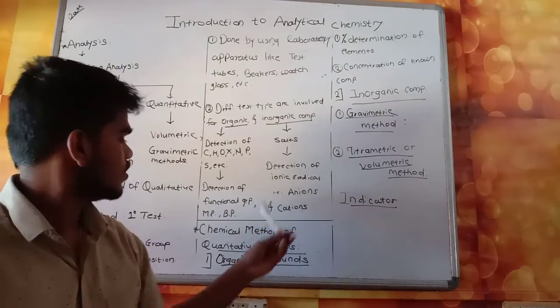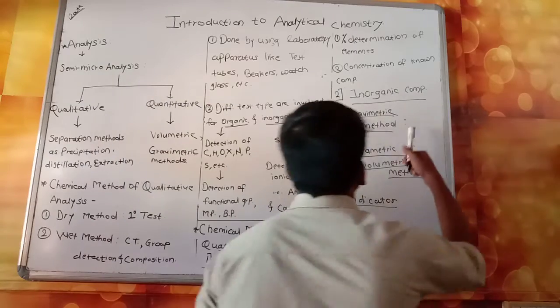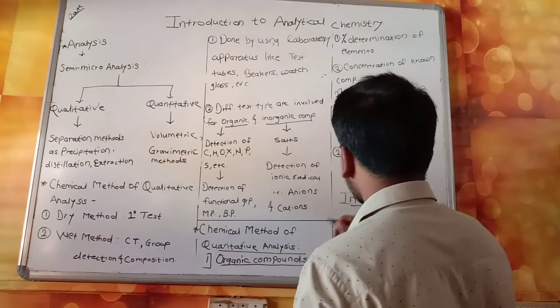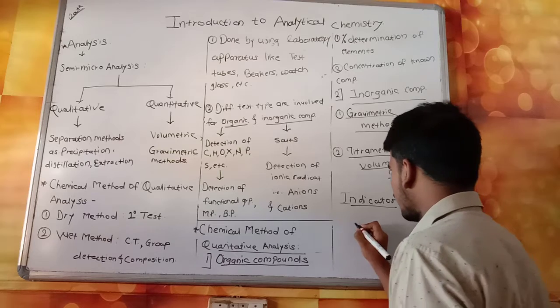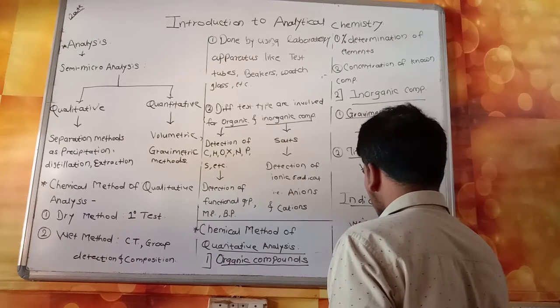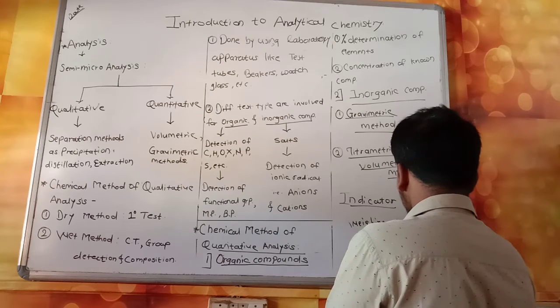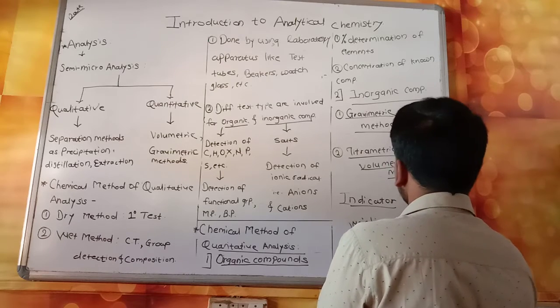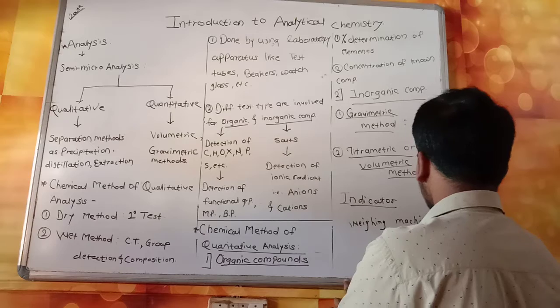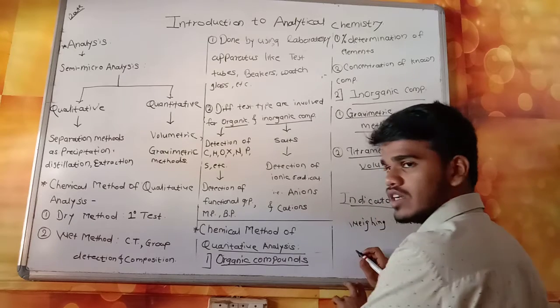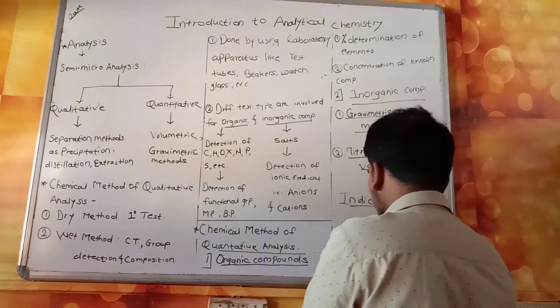In the case of quantitative analysis of inorganic compounds, instruments like the weighing machine are used for gravimetric analysis, and the burette for volumetric or titrometric analysis.